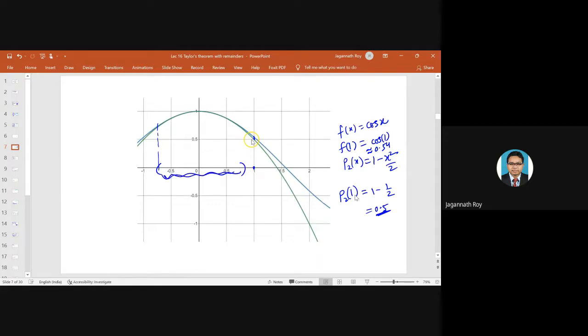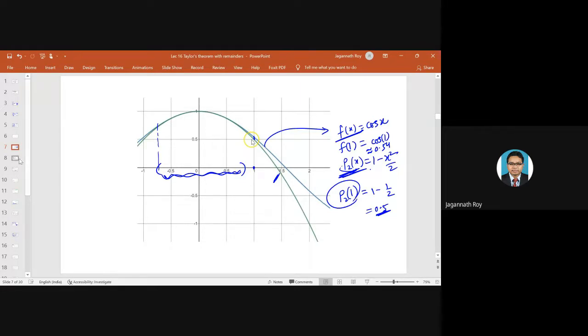In this interval, this green curve, the P2(x), and f(x) are matching their values. So if we have some unknown function, we try to approximate it with some known functions. This is the idea of approximation.